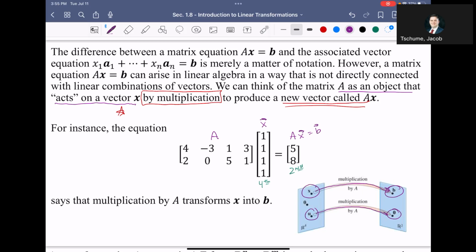Now, there are also going to be some vectors that don't move to the other dimension. For example, if you have the 0 vector in the fourth dimension here, this may not act upon into the other dimension. It may, but not every vector acts into the different dimension in this case. All right. So that's the basic idea of what we're going to be getting into. How do we get from one dimension to another by doing this basic transformation idea?